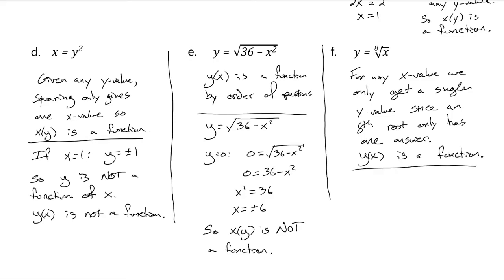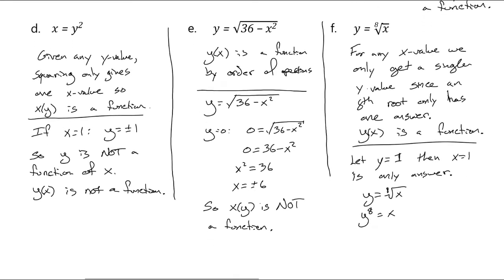On the other hand, if I say let y equal 1, then x equals 1 is the only way to get 1 out. Let's try and generalize that a little bit. If I take the original equation y equals the 8th root of x, and I move that 8th root to the other side, I get y to the 8th equals x.